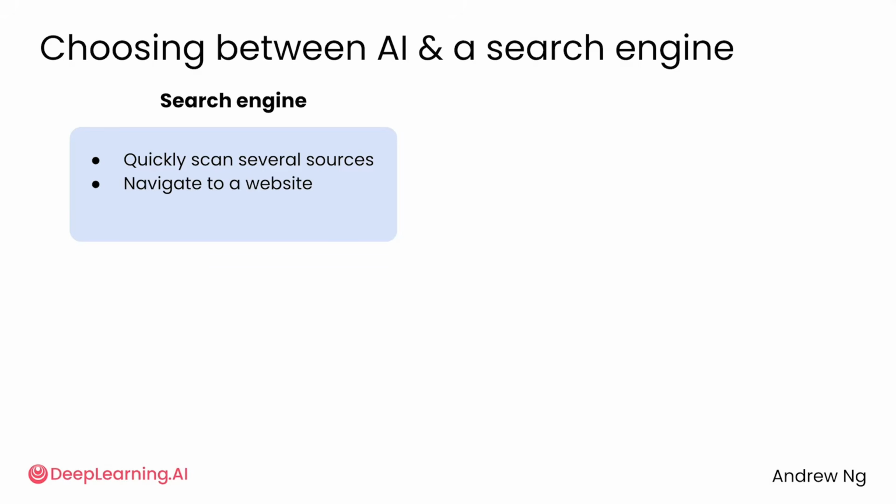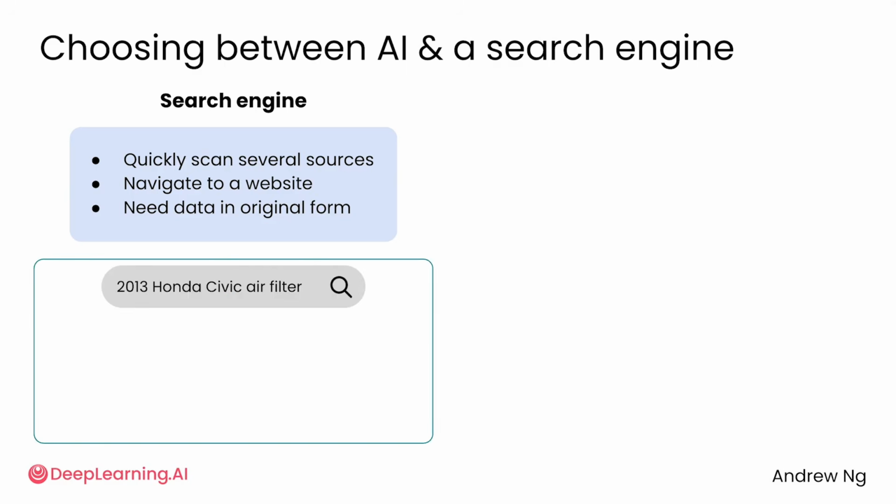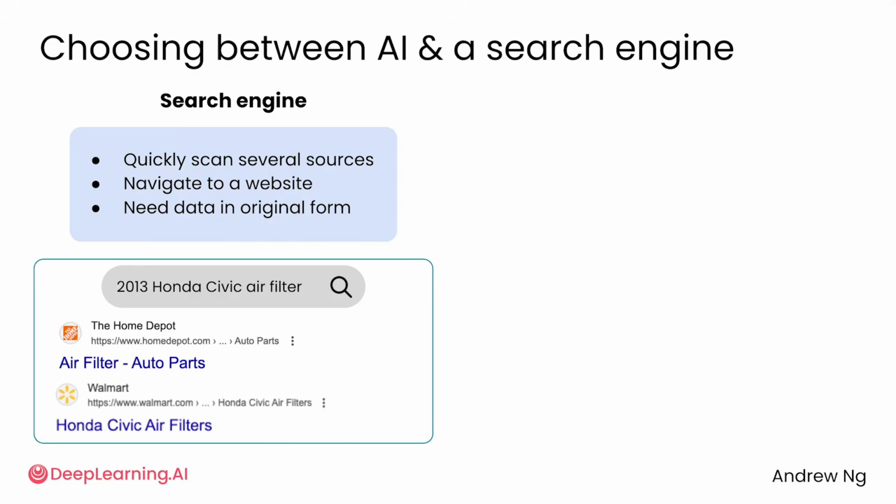Or if you want to navigate to a specific website, but have forgotten the name of that website, a web search engine can be very good for helping you find it. Or if you want to look at data in its original form, such as if you want to buy a 2013 Honda Civic air filter, you want to find a website to go to buy that air filter. So a web search engine is very good at that.